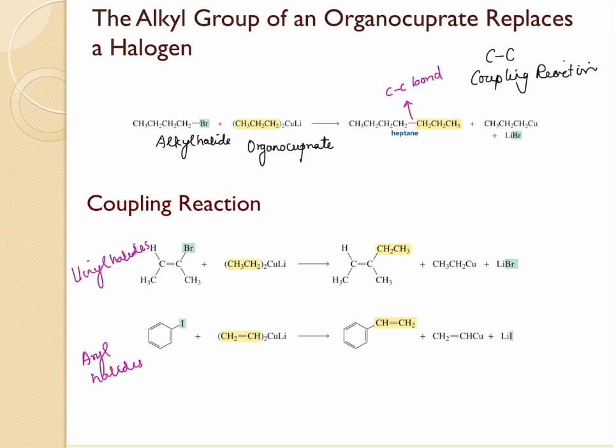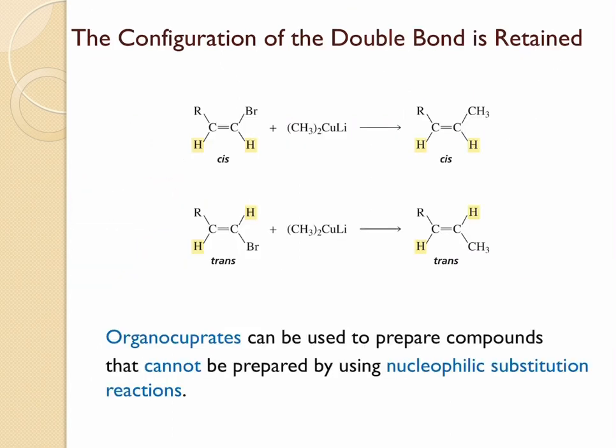We know that vinyl halides and aryl halides do not undergo SN2 reactions, so these halogens cannot be replaced by other nucleophiles. But we can use these coupling reactions to convert them to useful compounds by substituting these halogens with other groups.